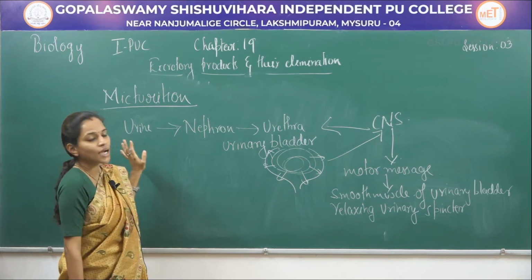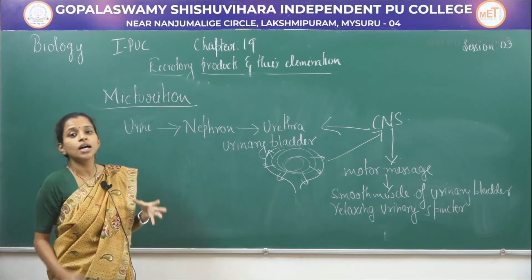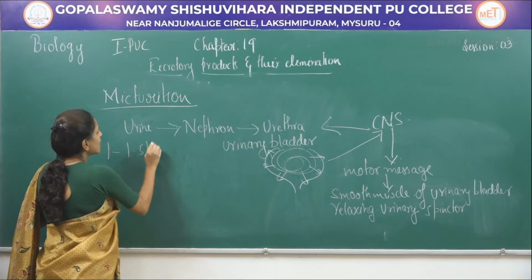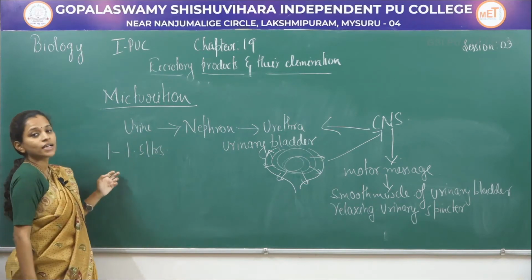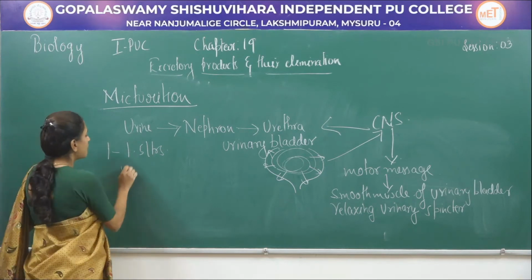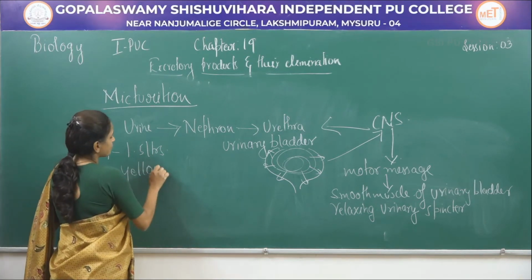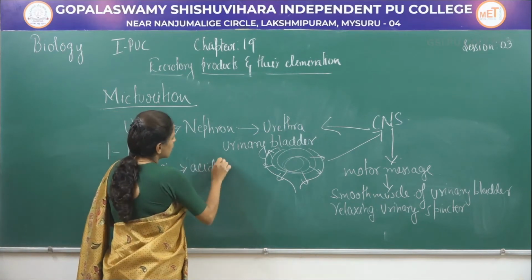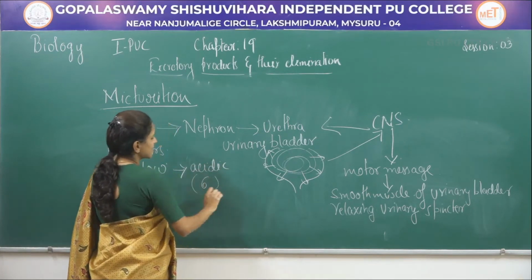When it comes to micturition, the urine released per day by an adult will be 1 to 1.5 liters, and the color of the urine will be pale yellow and it is acidic in nature with a pH of 6.